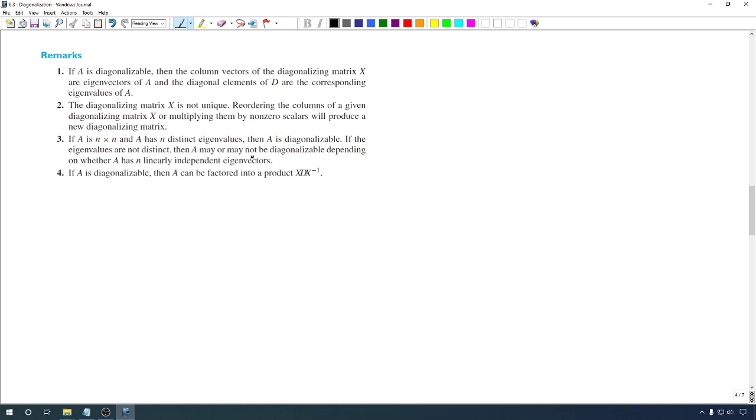And so, by our theorem 6.3.2, the matrix is diagonalizable. So the best scenario that we have is when we just have n different eigenvalues. It's when we have repeated eigenvalues that we either have to find more than one eigenvector corresponding to the repeated eigenvalues, or we might not be diagonalizable.